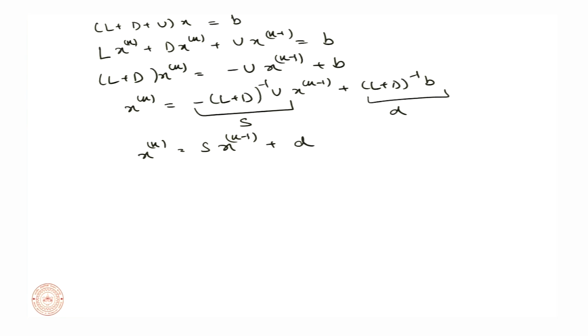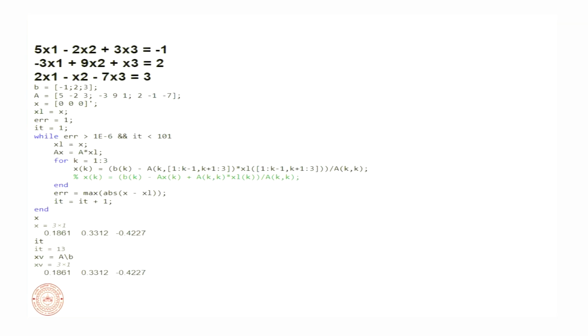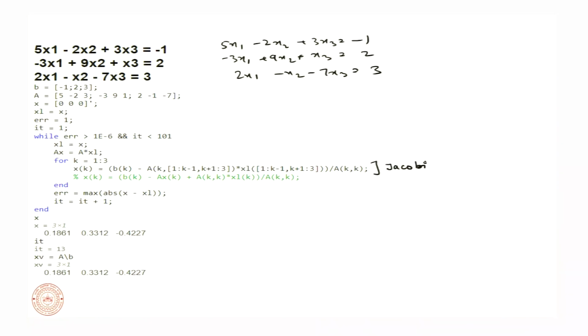So this is an example. We have taken this expression: 5x1 plus 2x2 plus 3x3 equals minus 1, minus 3x1 plus 9x2 plus x3 equals 2, and 2x1 minus x2 minus 7x3 equals 3. We are trying to set it up. The method I have done here is our Jacobi iteration.